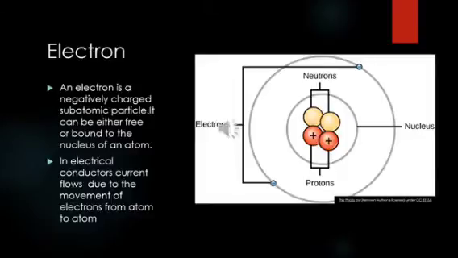When we say conductor, a conductor is one which allows electricity to flow through it, because conductors are substances which allow electricity to pass through them very easily. So there is flow of these electrons, and that is how we define electric current, or electricity is the flow of the electrons.